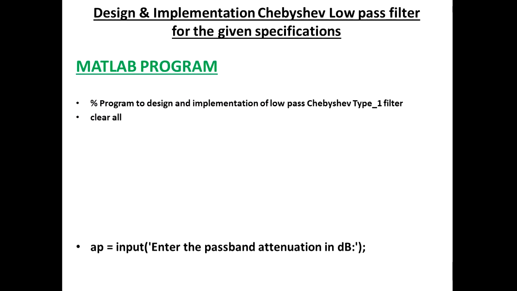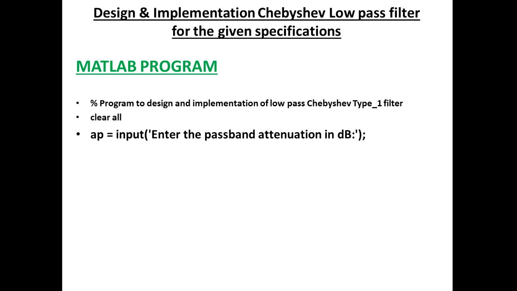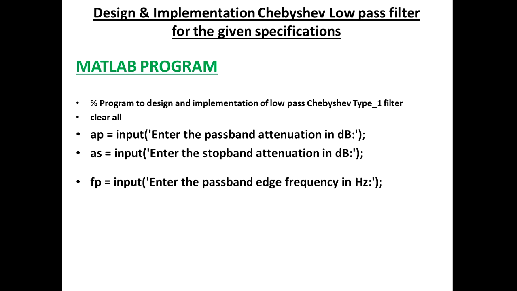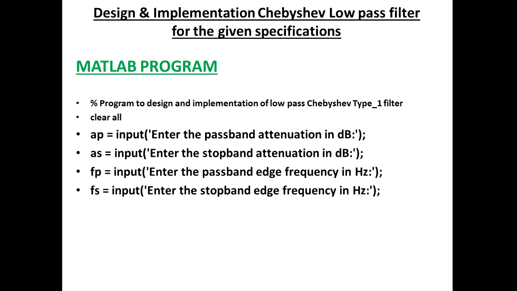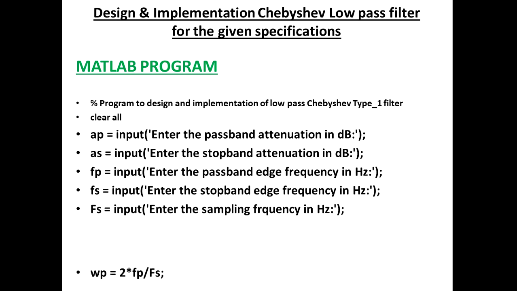Similarly, we are going to write a program for the Chebyshev low pass filter. So here also we are following the same steps as in the earlier program. First we are going to enter the filter specifications AP and AS in dB, FP and FS in Hertz and the sampling frequency.